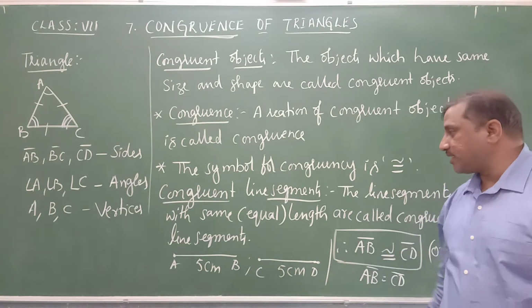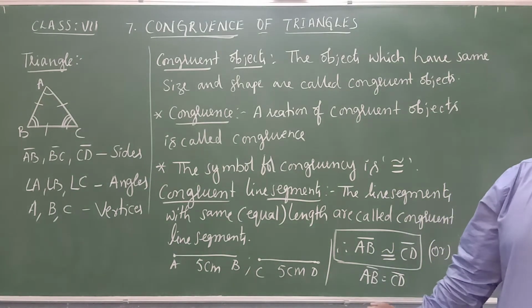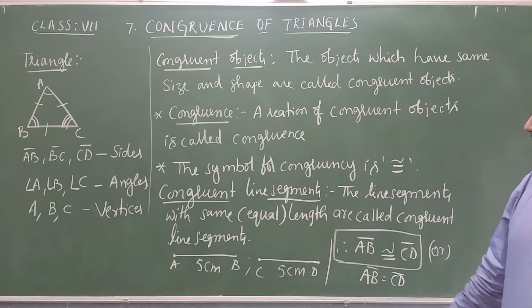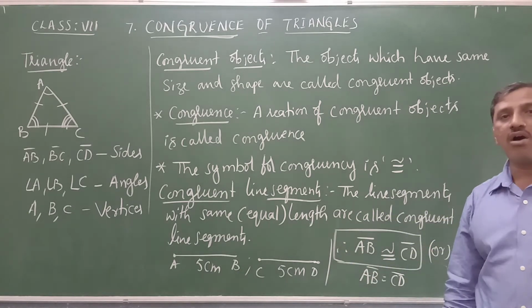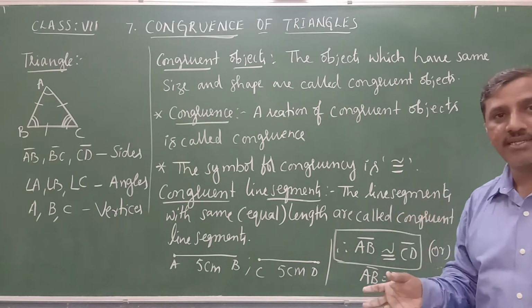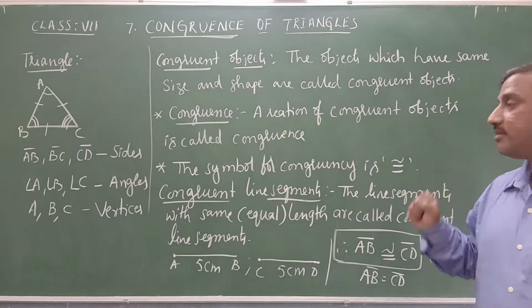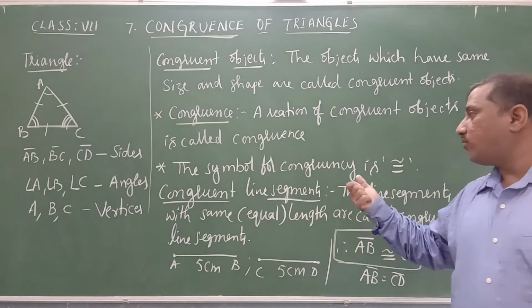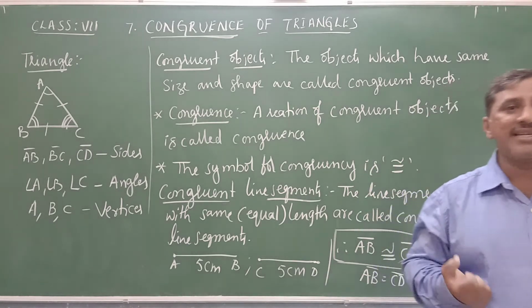So what are congruent line segments? The line segments with the same or equal length are called congruent line segments. If two line segments are congruent, then their lengths are same. Is it clear, children? What are congruent objects? What are congruent line segments?